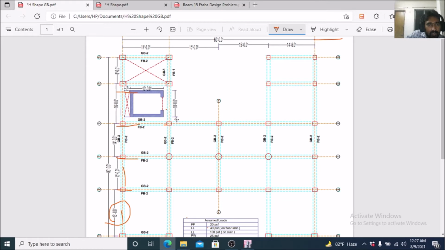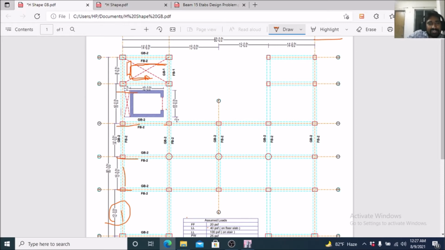By this system we want to construct this stair. First of all we have to rise up onto this, and the landing should be here, and then we have to go through this to the upper floor. So this is what actually happens.